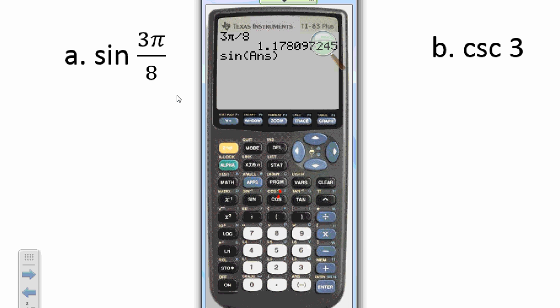Okay, it keeps the last thing that was in memory for you, and to get to the answer, it's the shift of this little minus sign here. So that will save you from having to retype it in. Okay, so sine of answer, when we press enter, we get 0.9238, so 0.924 is to 3 decimal places. That's your answer.